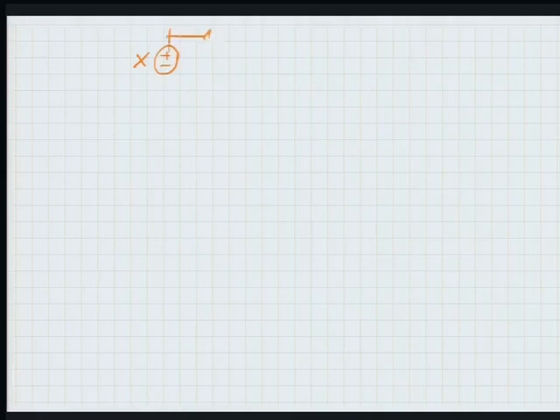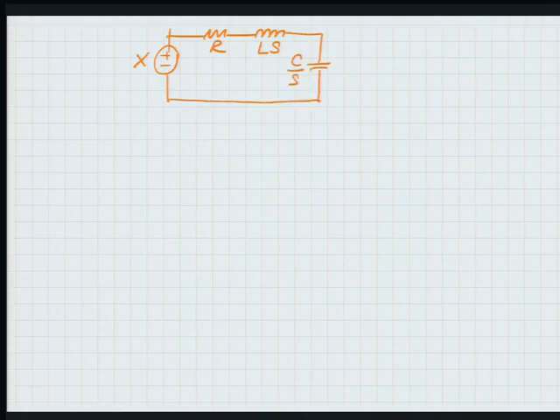And then a resistor R, an inductor L, which he'll think of just like in Ohm's law. Instead of L, he'll write L times s. Okay? And then instead of C, because that's basically integrating, he'll put C over s. Okay? So then you'll manipulate, so the current is Y, right? Just like the way you would use Ohm's law.